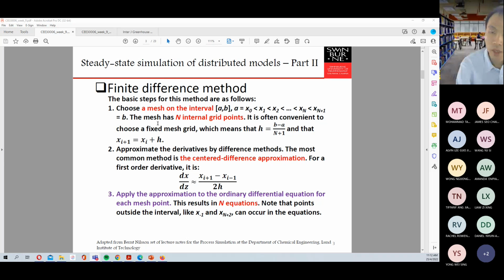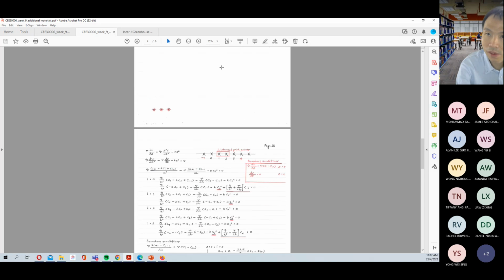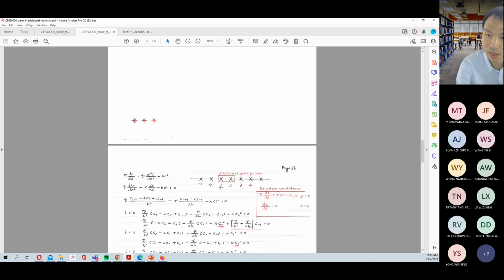So for example, we choose a mesh on the interval. You start from point a, and then you end at point b. So you take many points from 0 to n plus 1, such that the points x0, x1, x2, and so forth until xn plus 1 lie between a and b. As a result, the mesh has n internal grid points. If I put it like this in your additional materials, it is basically creating points like this.